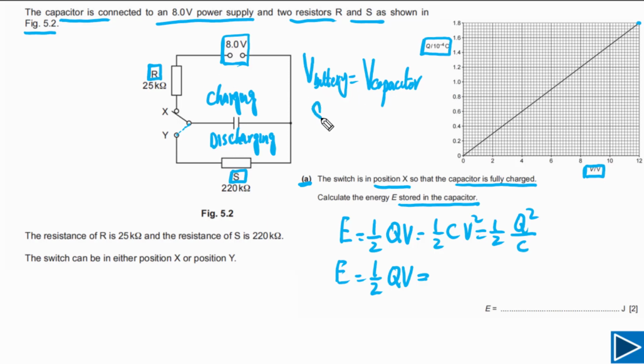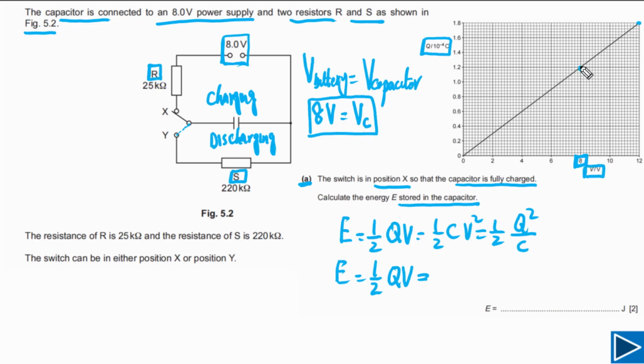In this case, battery voltage is 8 volts, so the capacitor voltage will also be 8 volts when fully charged. This is the key concept you need to understand. In this graph, you can see this is 8, the value of potential difference across the capacitor when it is fully charged.